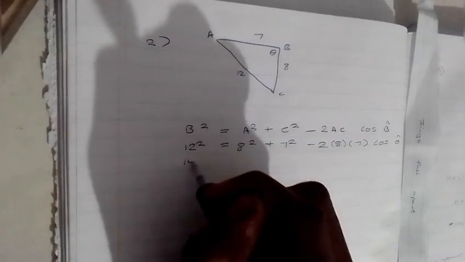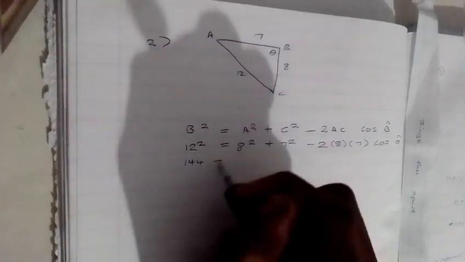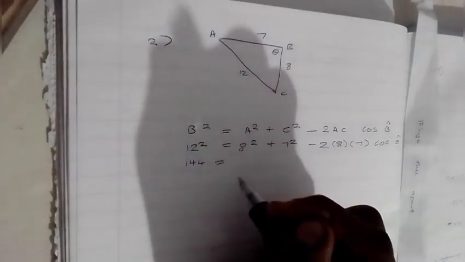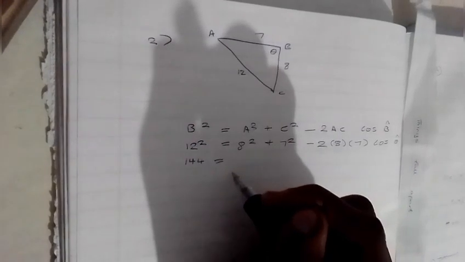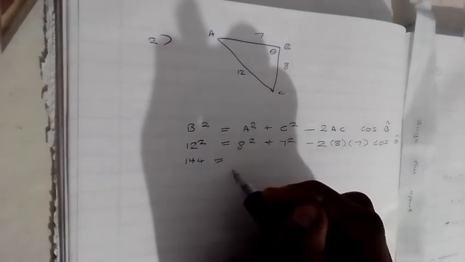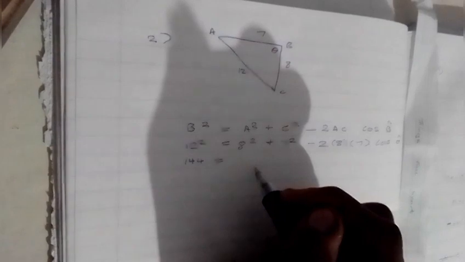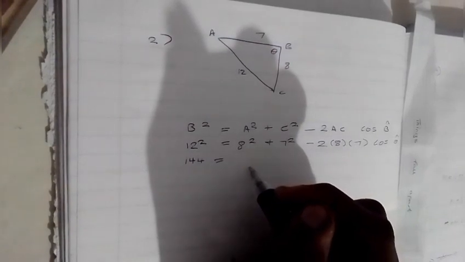From there we solve. So here it's going to be 144 equals 8 squared plus 7 to the power of 2, which is 113.